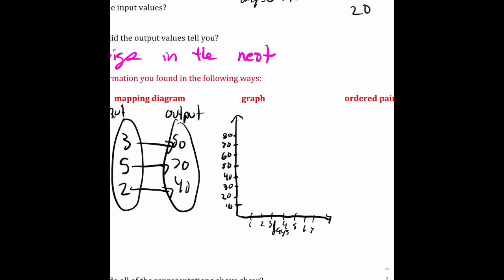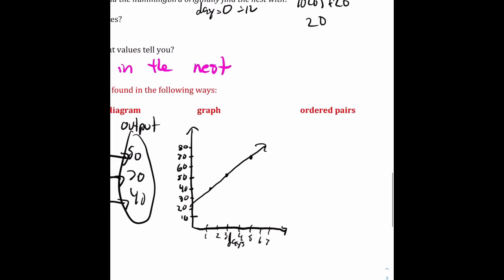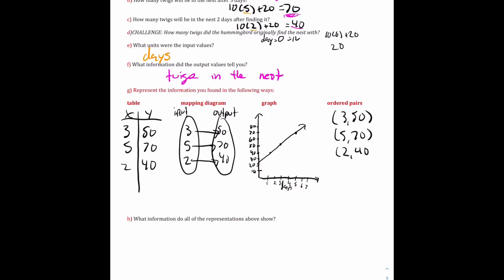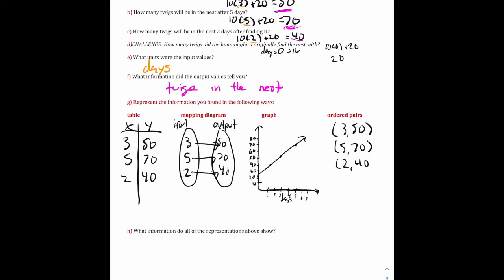So 3, 50, 5, 70, 2, 40. Should get something like that. Your ordered pairs, another way of representing this, you got 3, 50, 5, 70, 2, 40. And finally, what information do all the representations above show?